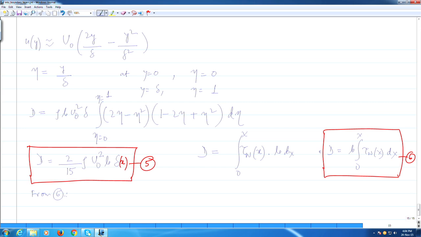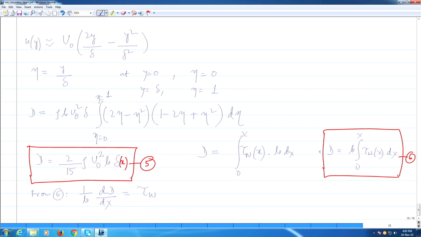What I get from 6 is 1 by b, if I differentiate the drag force with respect to x, right, this is yet another way of looking at it, that essentially the drag per unit x will give you the shear stress. The drag force divided by the area should give you the shear stress at the wall, right.